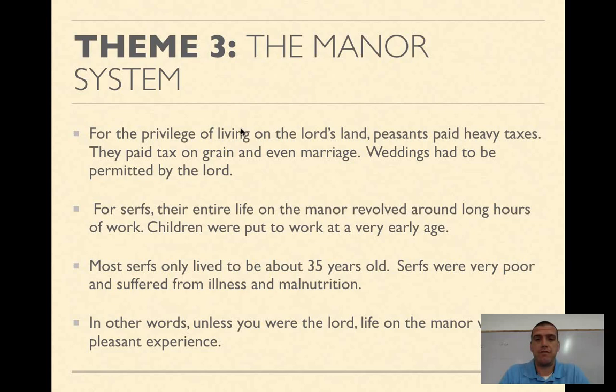You somehow survived. Most of these serfs suffered from illnesses and malnutrition. So they weren't eating well, and they were the ones who were subjected to the diseases that would come around. It was always the serfs that would bear the brunt of this.